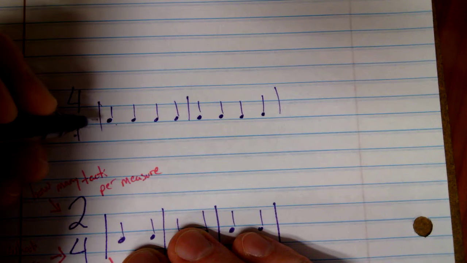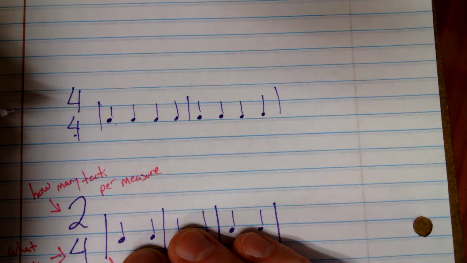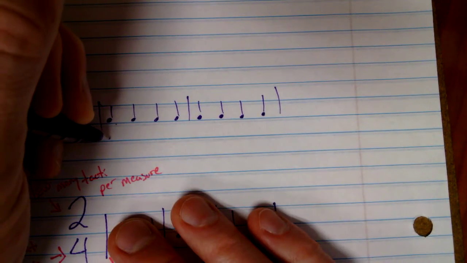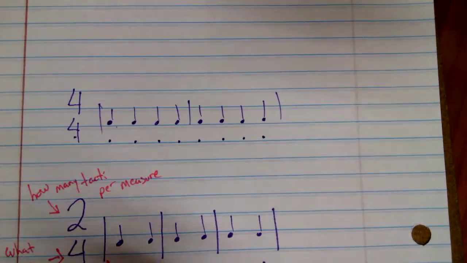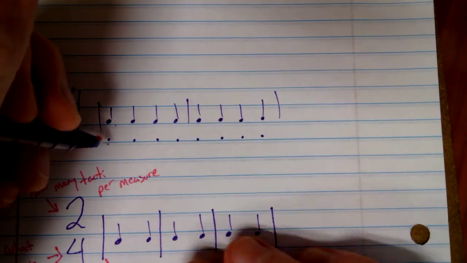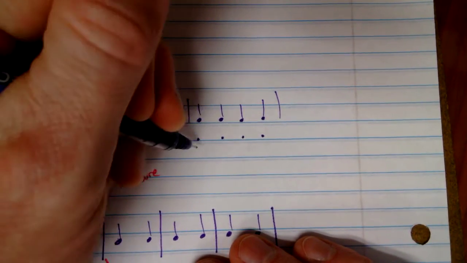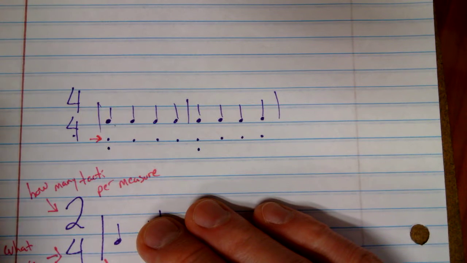And there will be a 4 of those tacti per measure. All right. And that's also telling us if this is our tactus layer right here, then there is a stronger beat every 4 of those. So we have 1, 2, 3, 4, 1, 2, 3, 4.